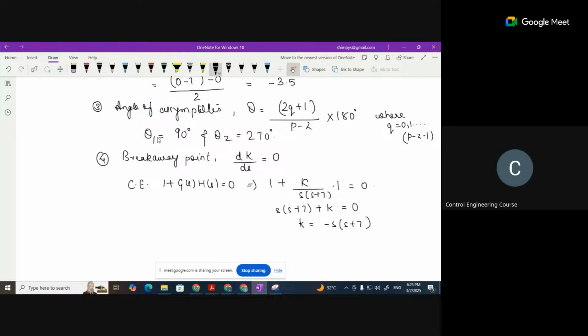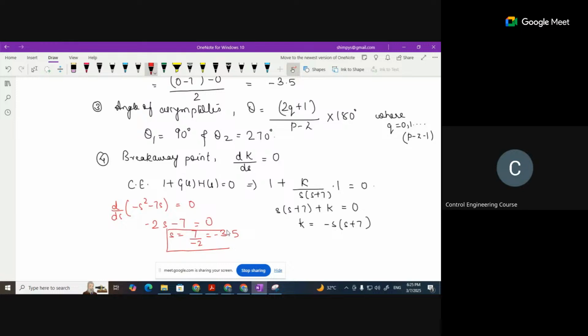Now differentiate this, see what you'll get. d by ds of minus s square minus 7s is equal to 0. So this will be minus (2s plus 7), equals 0. So s is 7 by minus 2, that is minus 3.5.